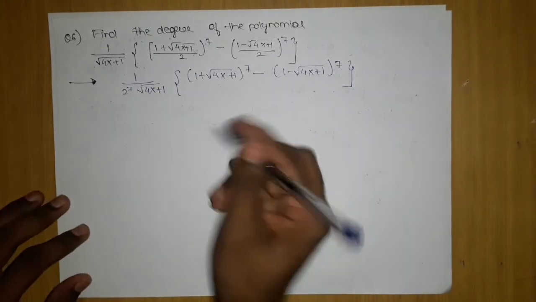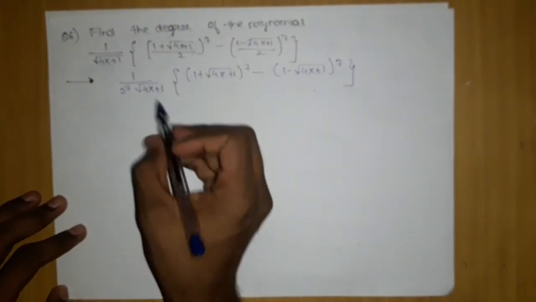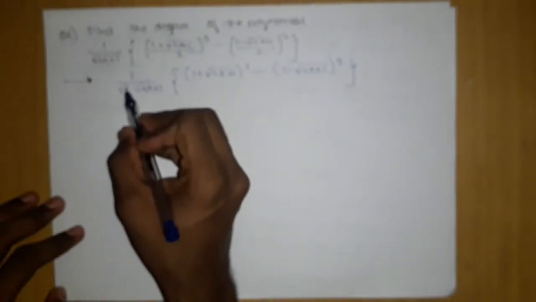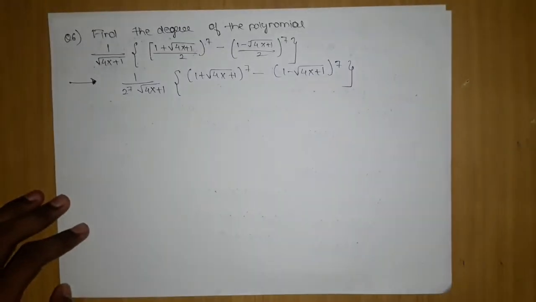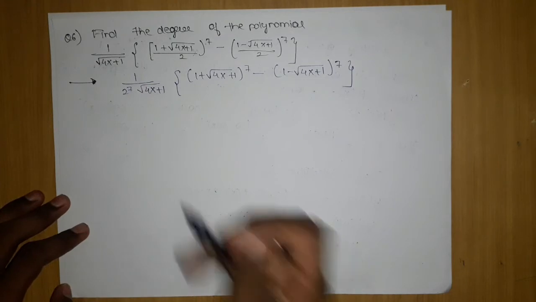So let's try to get the odd terms with 2 multiplied. If 2 is multiplied with 2 power 7, we will have 1 power of 2 reduced, which will be 1 upon 2 power 6.